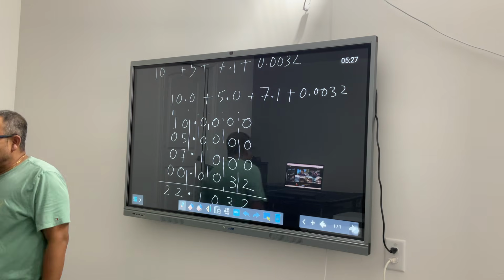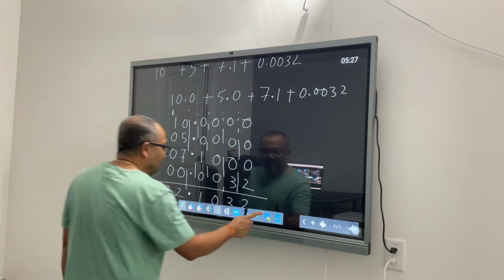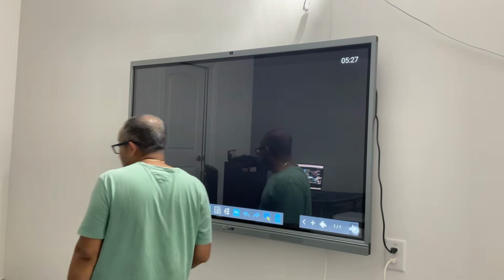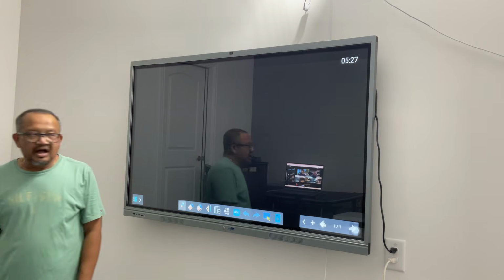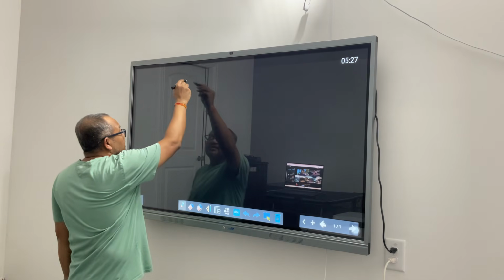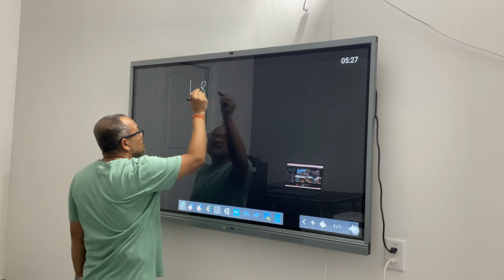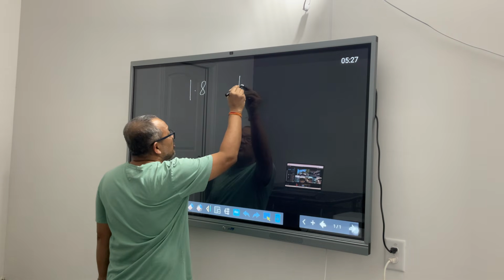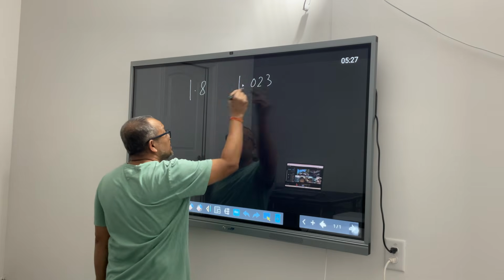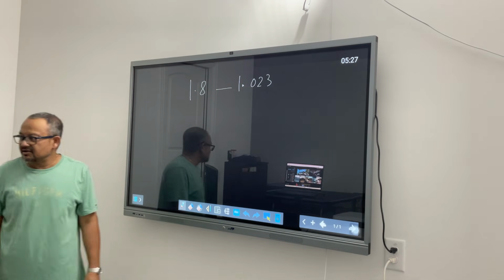Let's move on. Now we want to look at decimal subtraction. I want to subtract 1.023 from 1.8.